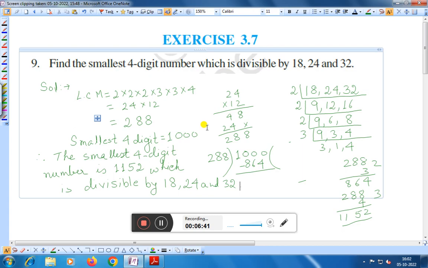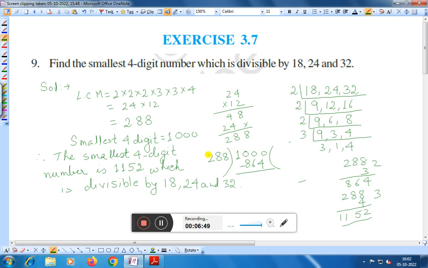The smallest 4-digit number, we know, is 1000. If we divide 1000 by 288 and multiply by 3, we are getting 864, but it is not divisible and it is also a 3-digit number. Therefore, 288 into 4 is 1152.